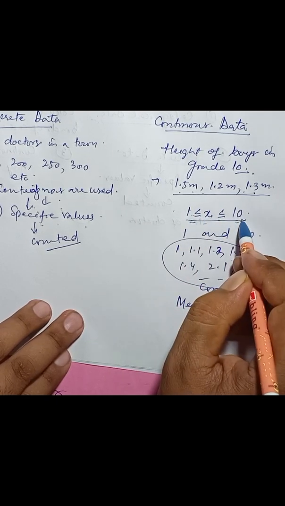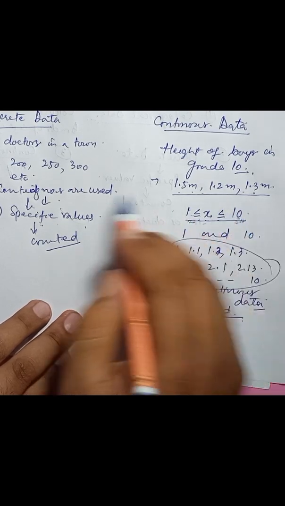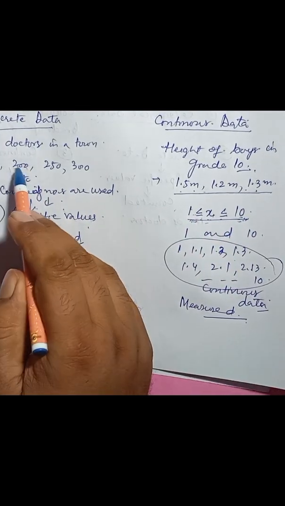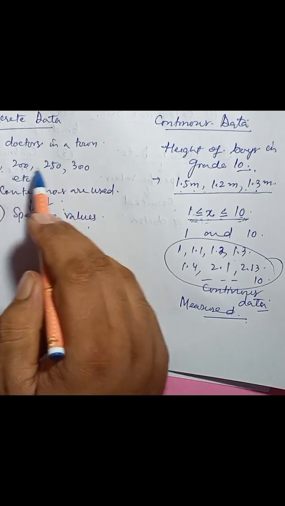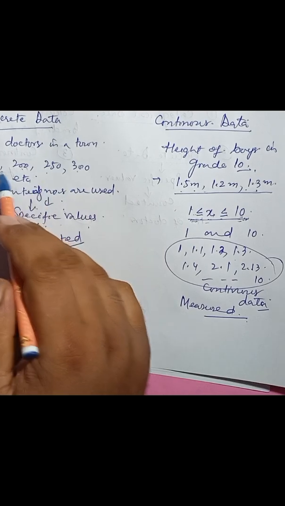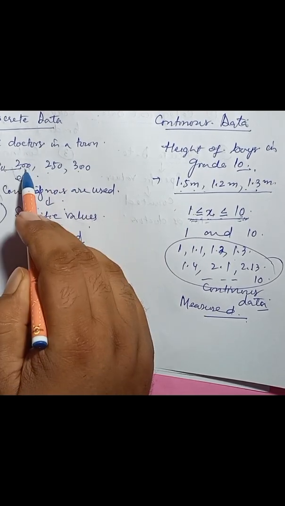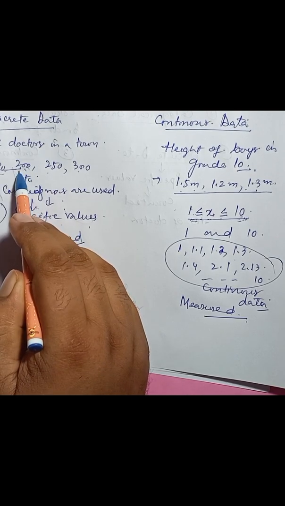Whereas here we have 100, 200, 300, etc. It cannot take values between 100 and 200 if the data is discrete.